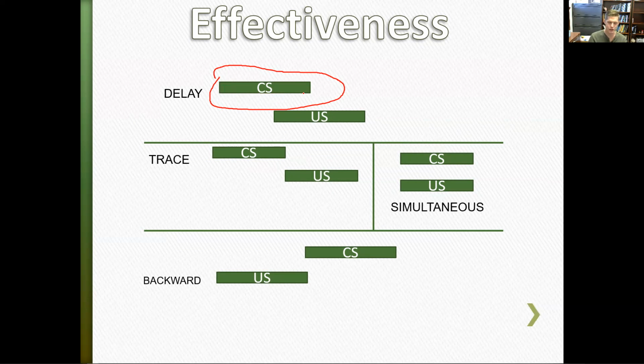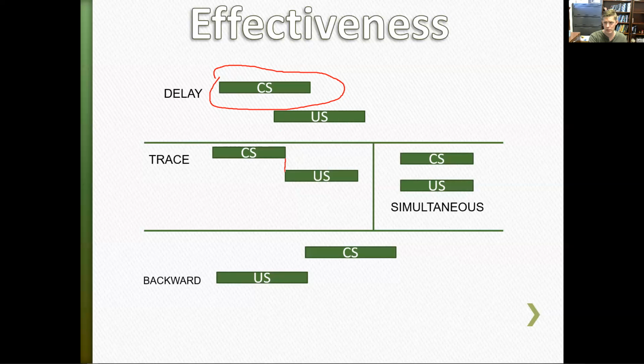Because the food is giving you that same amount of information. However, if the bell comes right before to let you know that dinner time is coming, now that bell is useful. That bell is providing you with information that's telling you, get ready, food is about to come. So delay conditioning by far tends to be the most effective in terms of producing conditioned responding. Then comes trace. It really depends on how long this gap is.